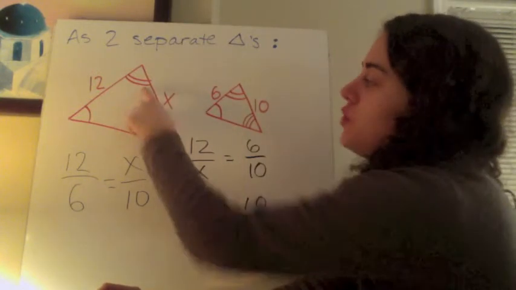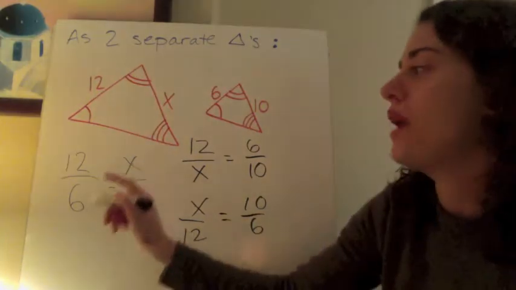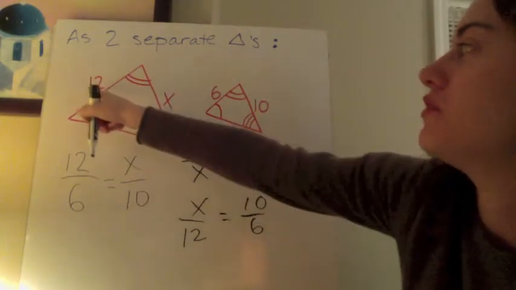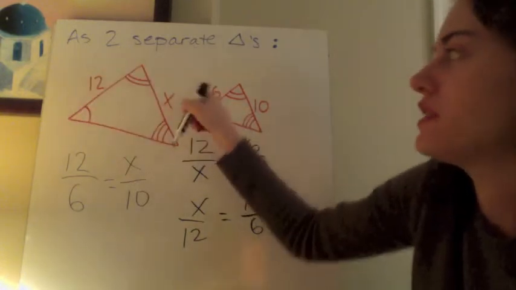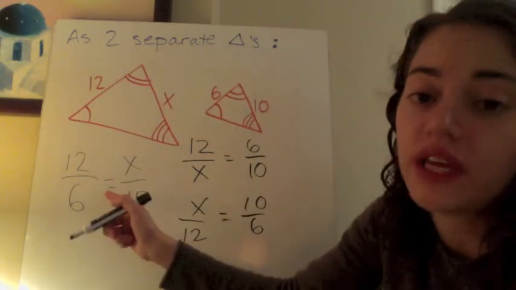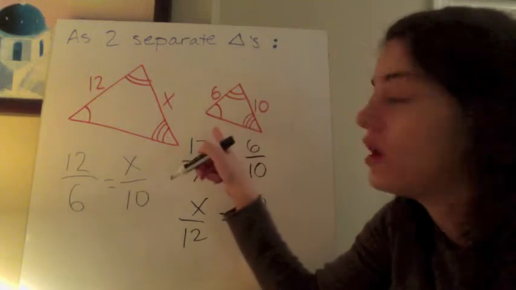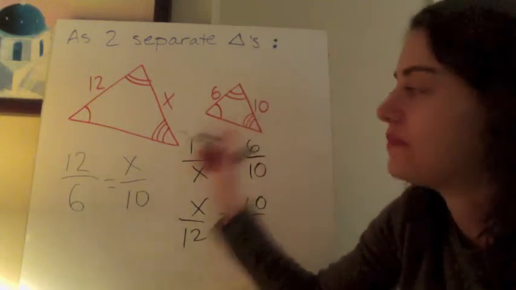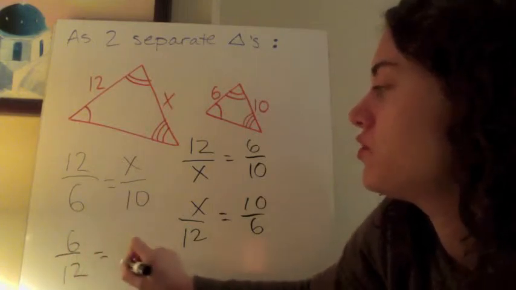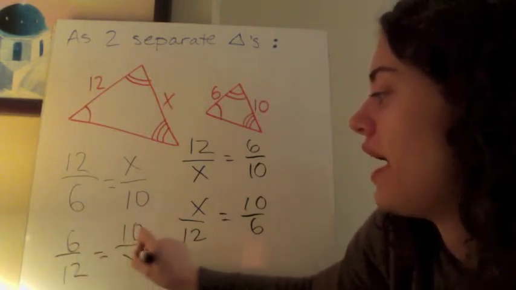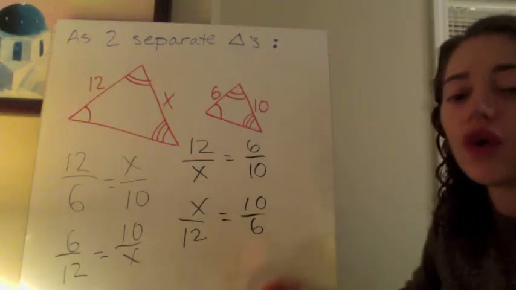They're both between the 2 arc and the 3 arc. So I couldn't have 12 over 10 and x over 6, but I can have 12 over 6, x over 10. Similarly, I could have put my small triangle as the numerator. So I could have done 6 over 12 is equal to 10 over x. Okay, all of these work.